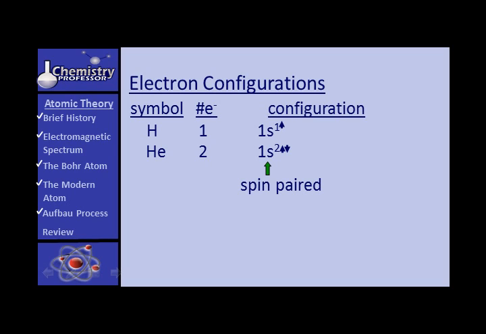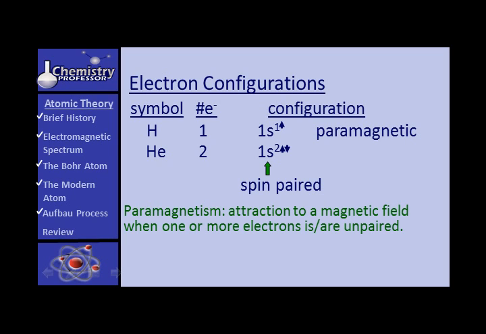Now, there's an interesting thing we need to talk about here. There's a designation for when we have electrons that are spin paired and when we have electrons that are not. For example, electrons that are not spin paired are called paramagnetic. Paramagnetism is the attraction to a magnetic field that will occur when one or more electrons are not spin paired. So hydrogen atoms are paramagnetic.